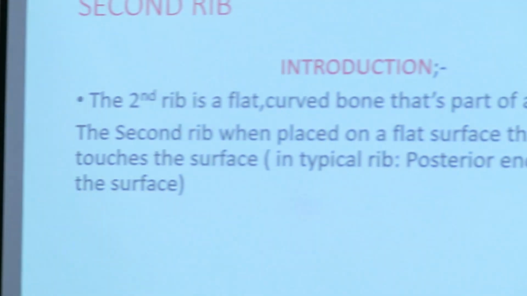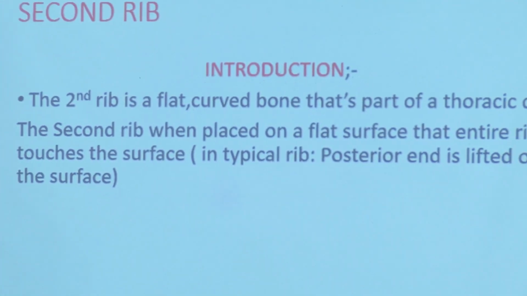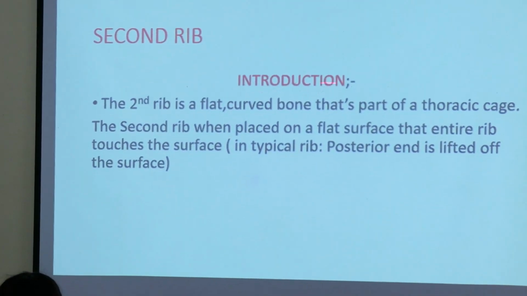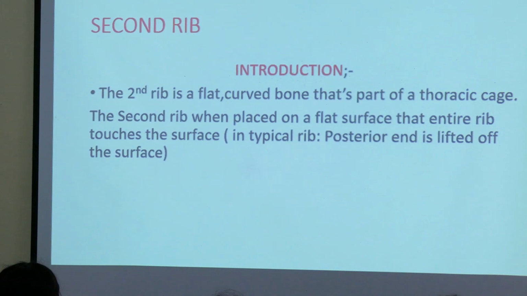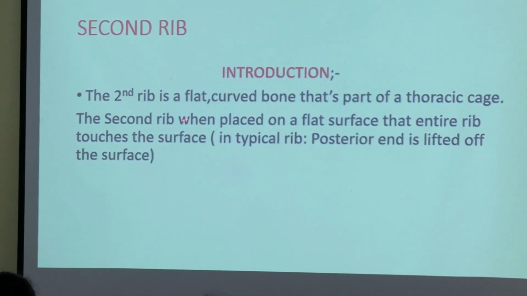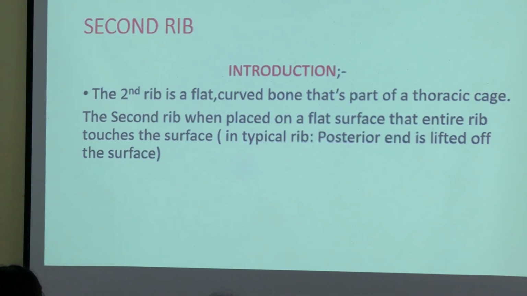So the second rib is flat, and always remember it is curved like the first rib. So the second rib is flat and curved, part of your thoracic cage. When you place the second rib on a flat surface, the entire rib touches the surface.